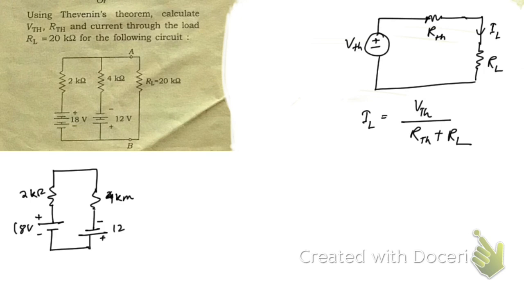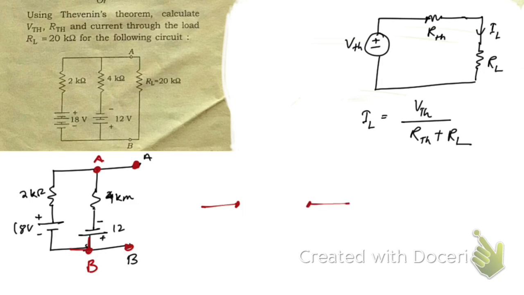So now first let me find the equivalent resistance. Here we have the point A, and here we have the point B. If this point is A, and this point is B, these two ends are connected here, so you can consider the resistances connected this way.